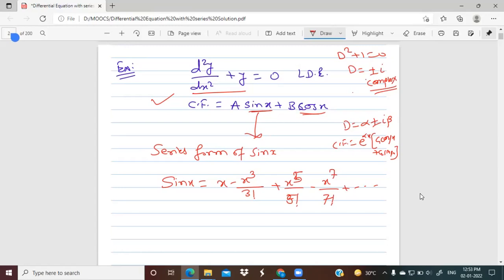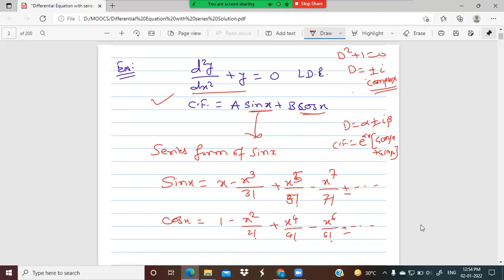And cos x is 1 minus x square by 2 factorial plus x raised to 4 by 4 factorial minus x raised to 6 by 6 factorial and so on.